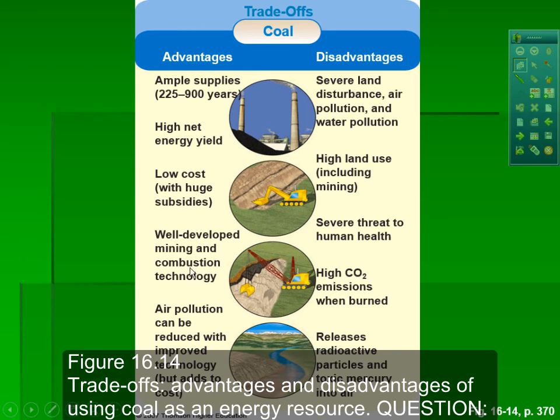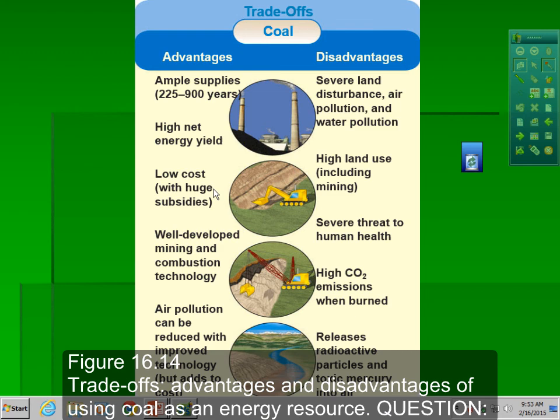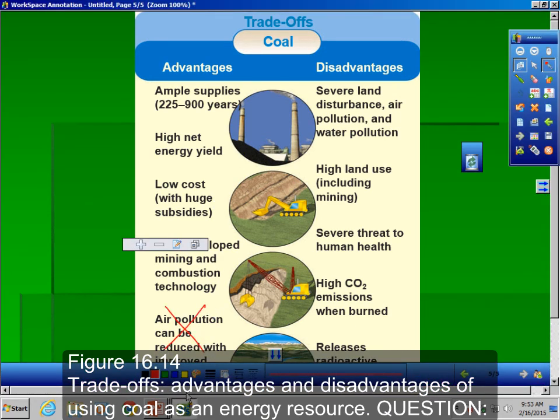Okay, so the trade-offs, advantages and disadvantages of coal. We have plenty of coal with a high energy yield, with a low cost, again, with the huge subsidies. Well-developed technology. And they're counting that air pollution can be reduced with improved technology, but I'm going to wait and believe that when I see it. I don't want to count that as an advantage yet.